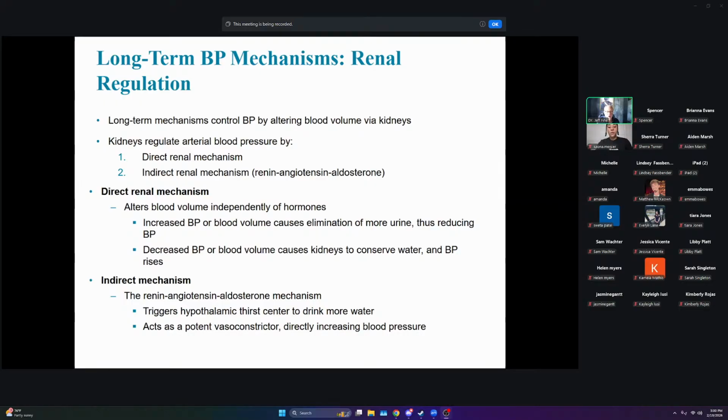It comes back to what I previewed earlier when we talked about capillary beds, how our kidneys are, for the most part, recycling centers. One of the major things that our kidneys are analyzing and deciding to keep or discard is fluid, okay? And so if our blood pressure is high and we have a lot of blood volume, in other words, a lot of blood plasma or a lot of water, our kidneys will say we have sufficient blood pressure and they will choose to eliminate the water as urine.